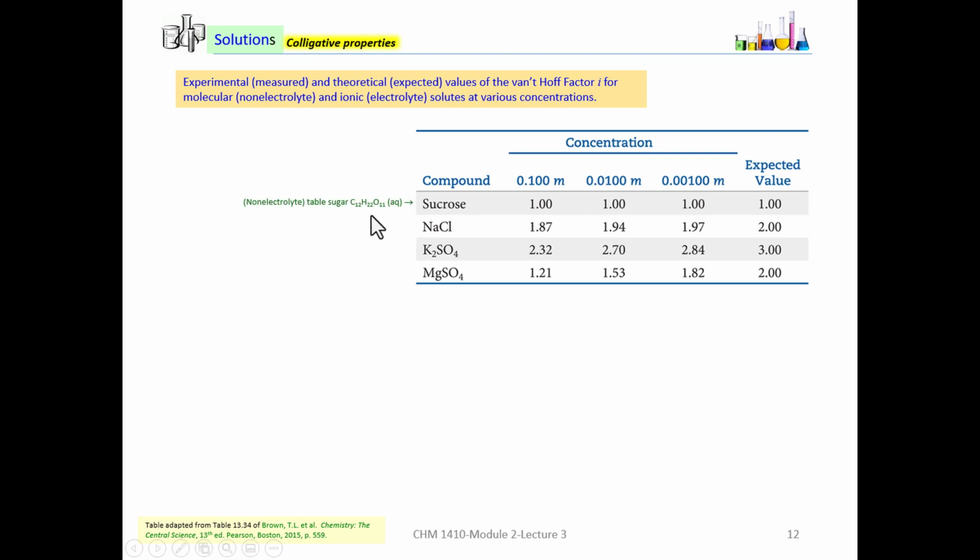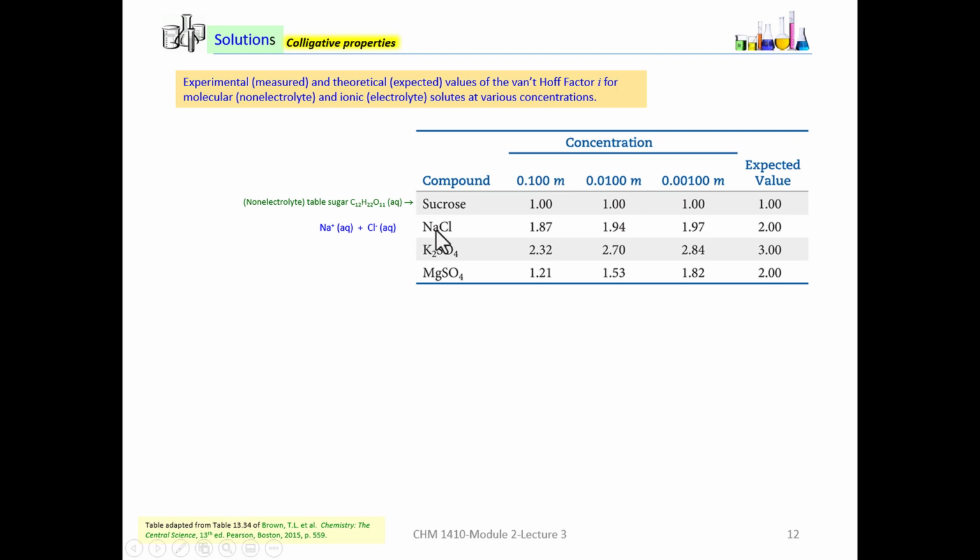So this non-electrolyte sucrose, which is very much like glucose, it's just a larger molecule, has an expected value of i of 1, and that's really what it is at different concentrations. This is very dilute, this is a little more concentrated.